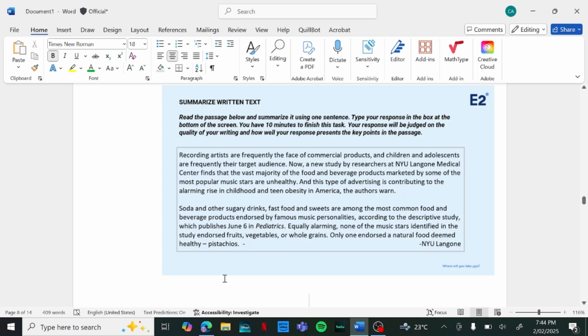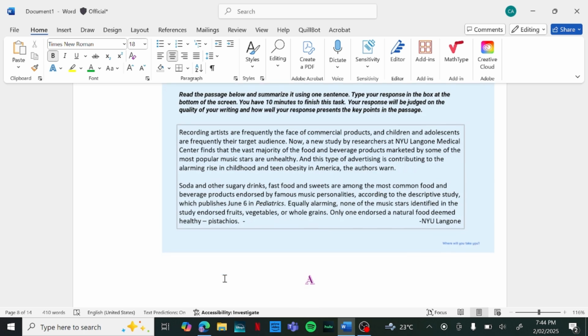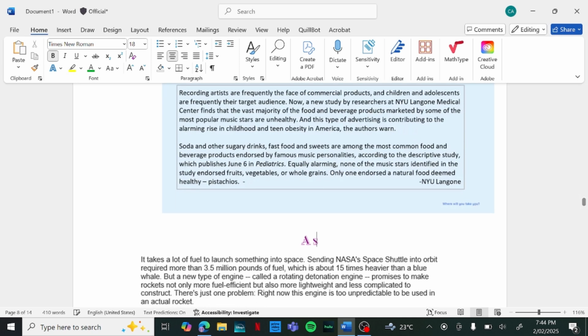We're going to start the whole thing with a study. Sorry, this is in caps. A study by, you take the name of this place, NYU Langone Medical Center.